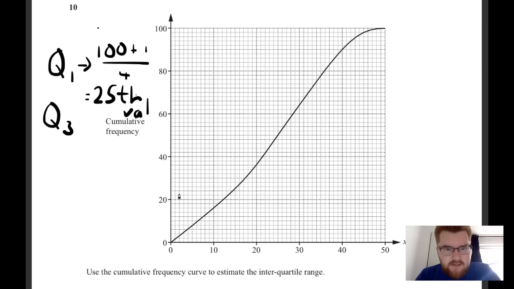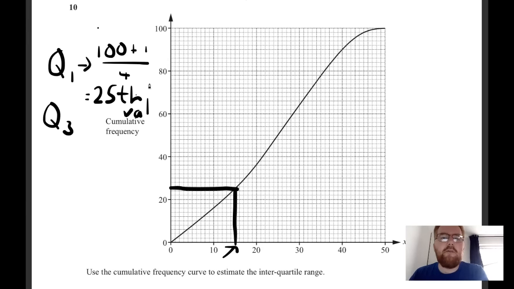When you come to read the graph, remember this goes up in twos: 22, 24, 26, 28, 30, 32, 34, 36, 38, 40. So if you go to 25, it's right in the middle of this box here. So I'm going to draw a line all the way across. My line's quite thick. You should be able to see this. I hit the line there, and so I read off my graph at this point here. This will be my lower quartile.